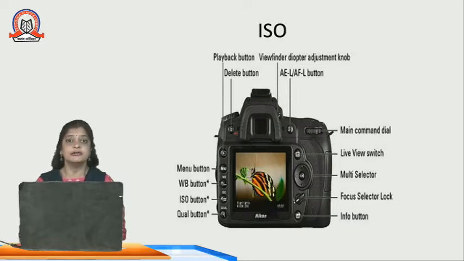At that time if the light is low, the photographer uses a high ISO. Or while using long telephoto lenses, the photographer also needs to use high ISO because long tele lenses shake much more than small tele lenses.